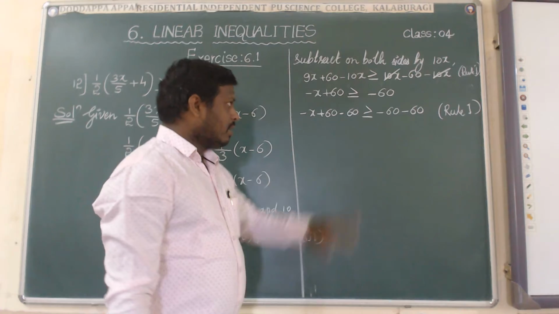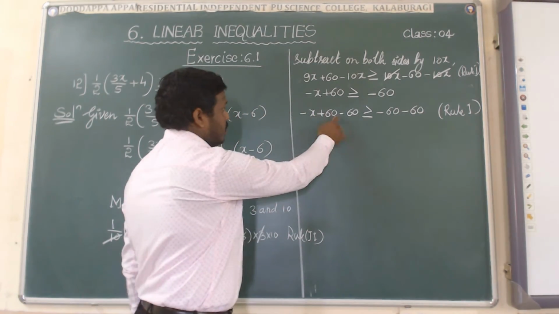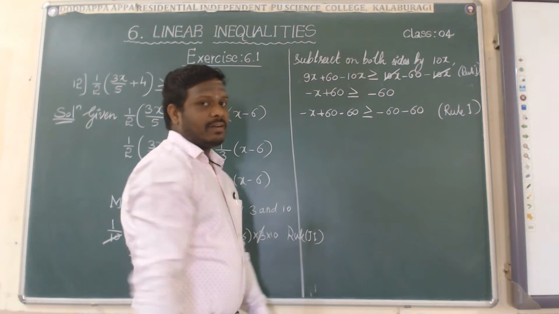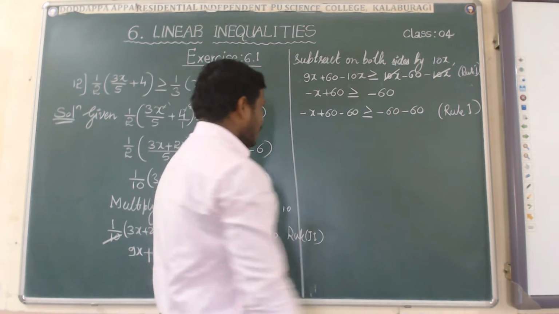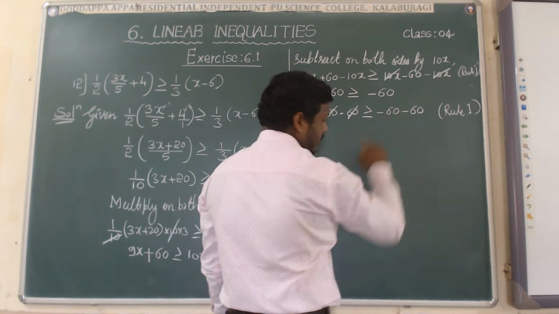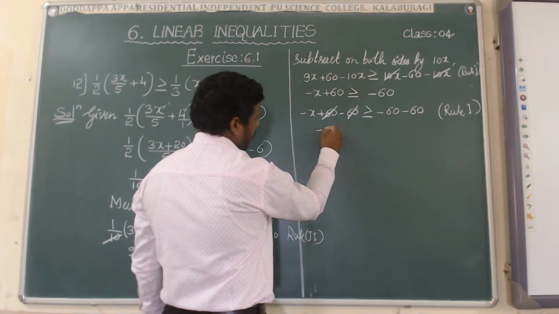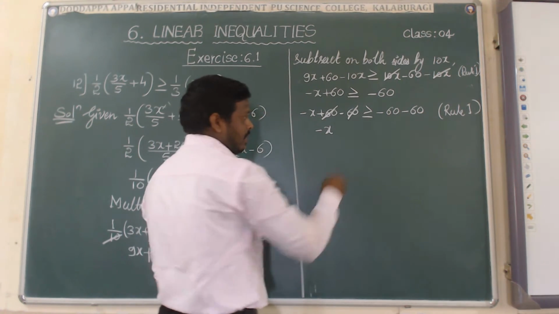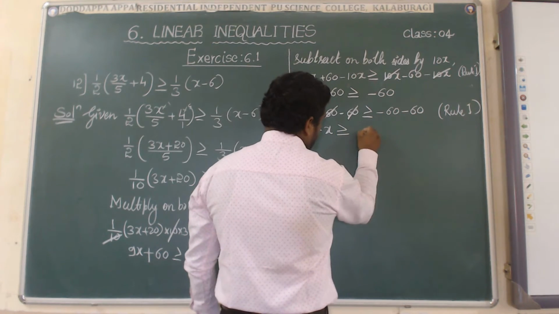I am applying the first rule to remove the positive 60 from the LHS side. Plus 60 minus 60 becomes 0. On the right, minus and minus, we add them and keep the same sign. What is left is minus x, with the symbol the same, and it becomes minus 120.